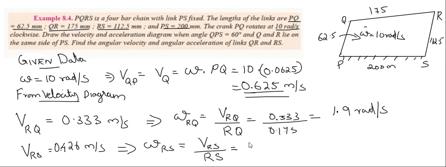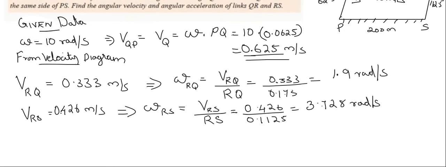So that will be 0.426 divided by length of the link is 0.1125 meters, or 112.5 millimeters. Converted into meters will be 0.1125 meters, and that you will get as 3.728 radians per second.